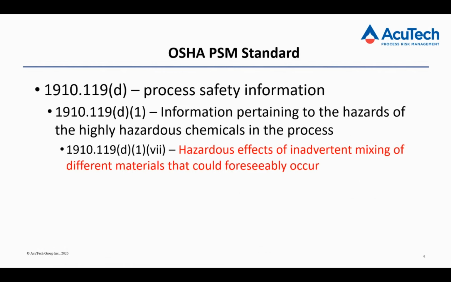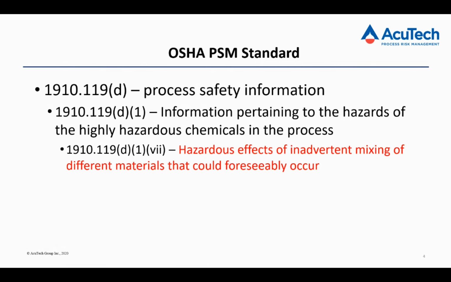Thanks, Sam, and thanks everyone for joining us today. What we're going to talk about today is inadvertent mixing. If you look at the OSHA PSM and the EPA risk management standards, they both mention inadvertent mixing, but it's really just one line under process safety information.